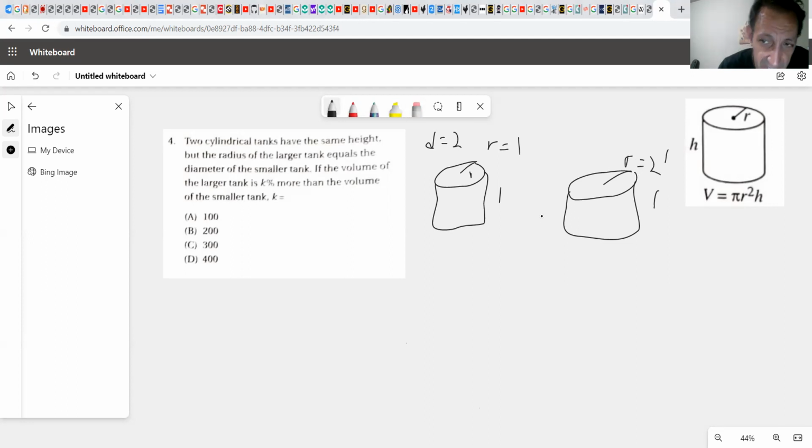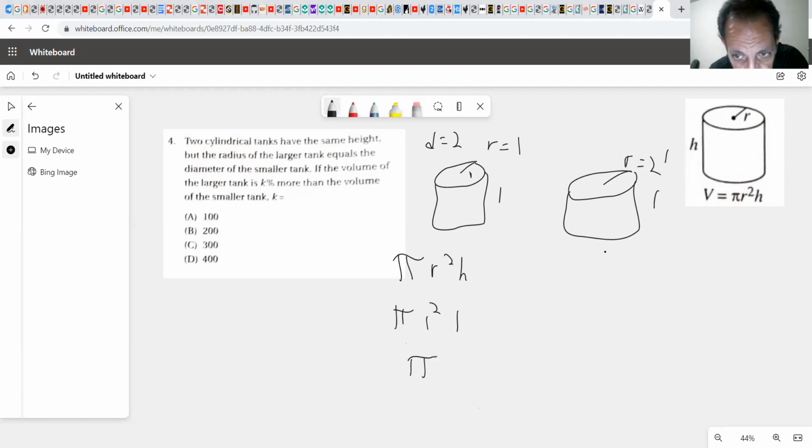Now I'm just going to use the formula, pi r squared h. For the small one, r is 1, so it's 1 squared, and h is 1. So it's pi times 1 squared times 1, which is just pi.